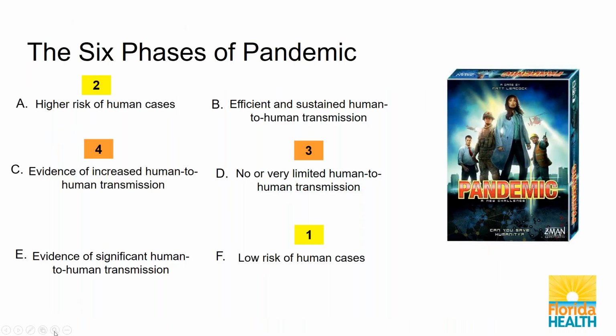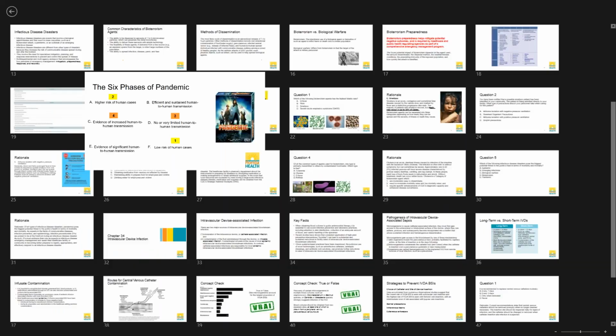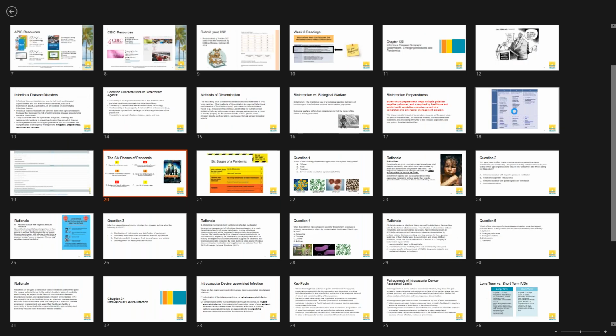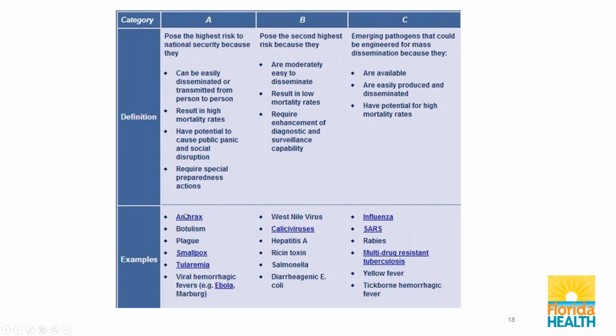If we go back to our bioterrorism agent list, we see that smallpox is going to be one of our category A agents, which means that they pose the highest risk to national security and to your patients. They're going to be the most easily transmitted, and they're going to result in the highest mortality rates, right? So out of this list, the only one that is a category A agent was smallpox.